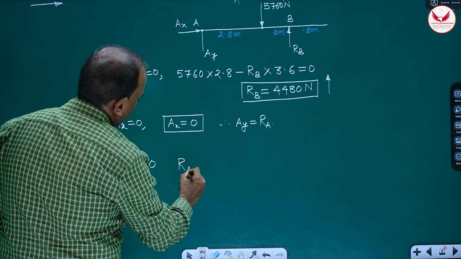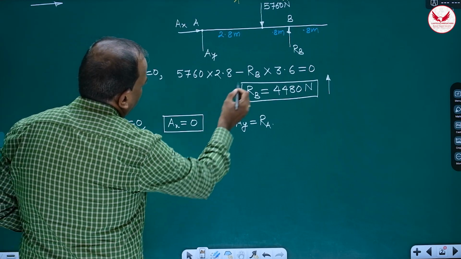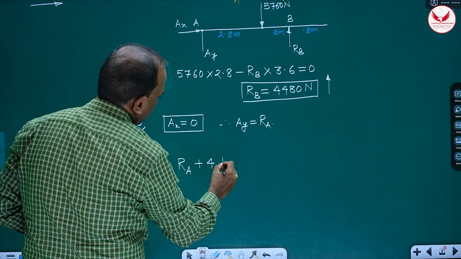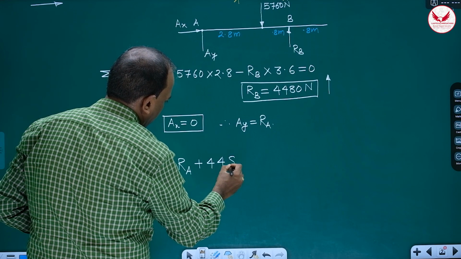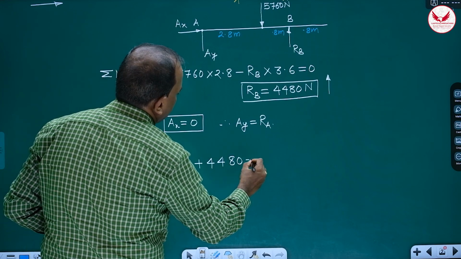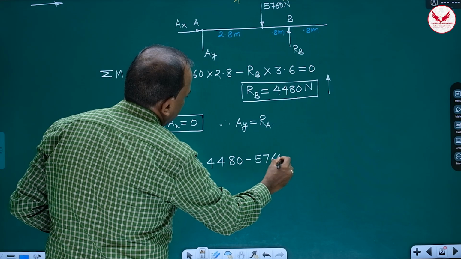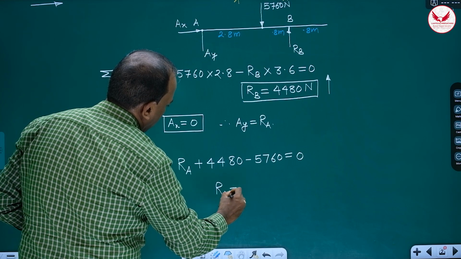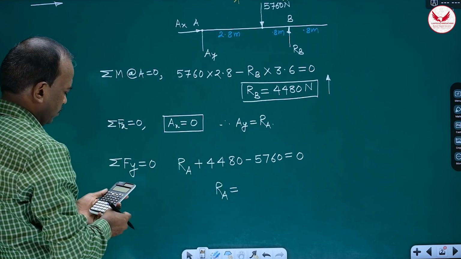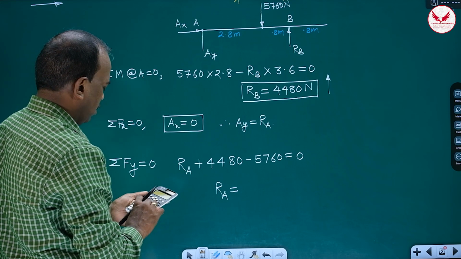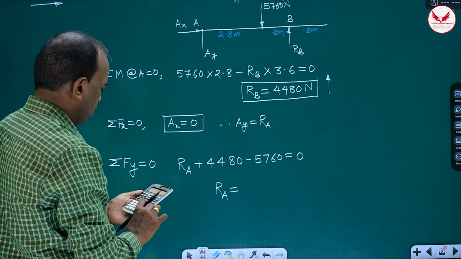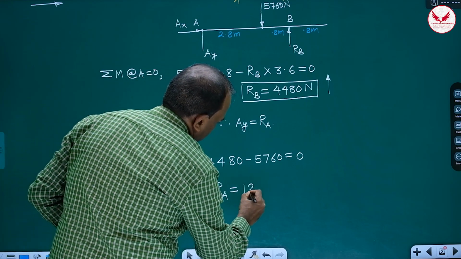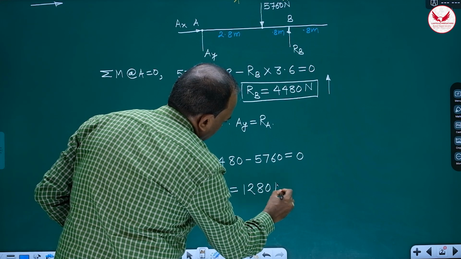RA is upward plus RB also, 4480 minus 5760, it is equal to 0. And from this we'll get RA. RA is going to be 5760 minus 4480, it is 1280 Newton.